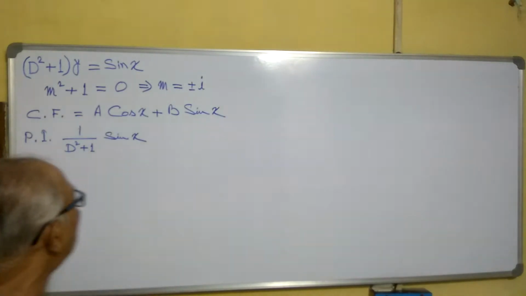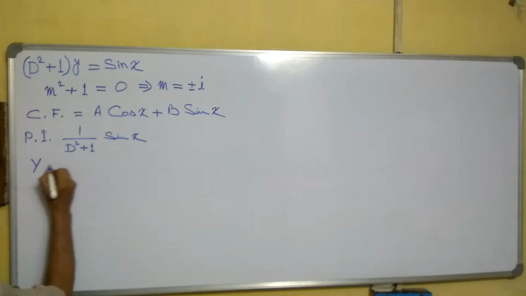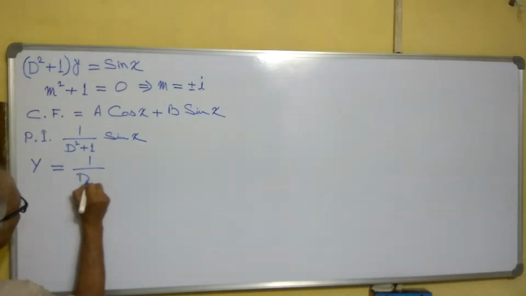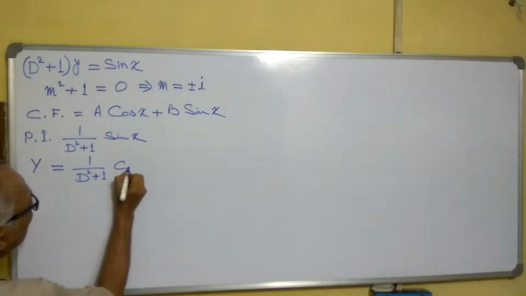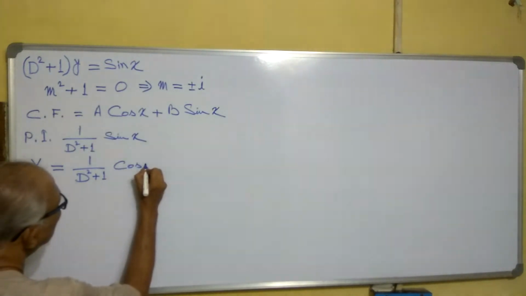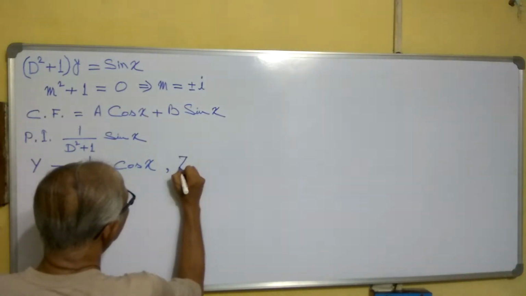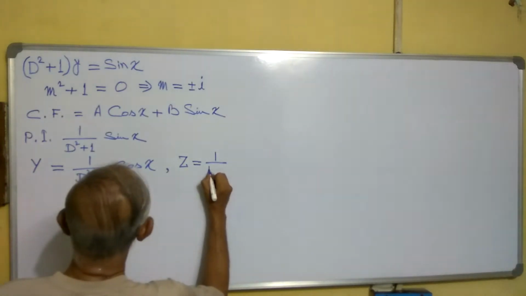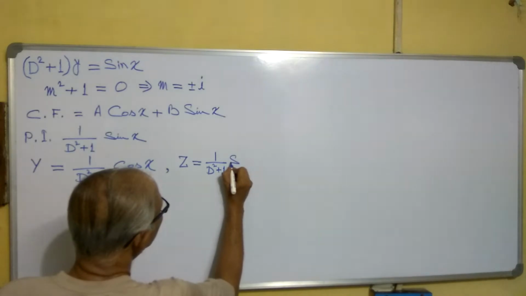See it carefully. Let us assume y equals 1 by D square plus 1 of cos x and z equals 1 by D square plus 1 of sin x.